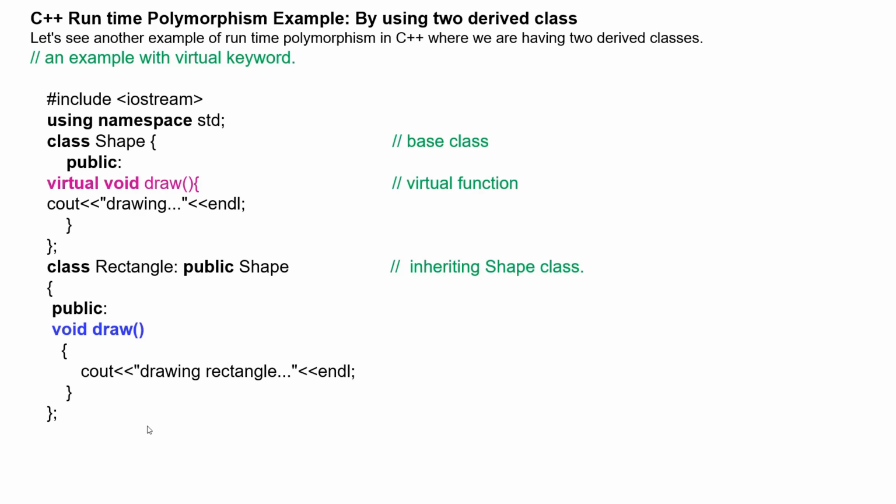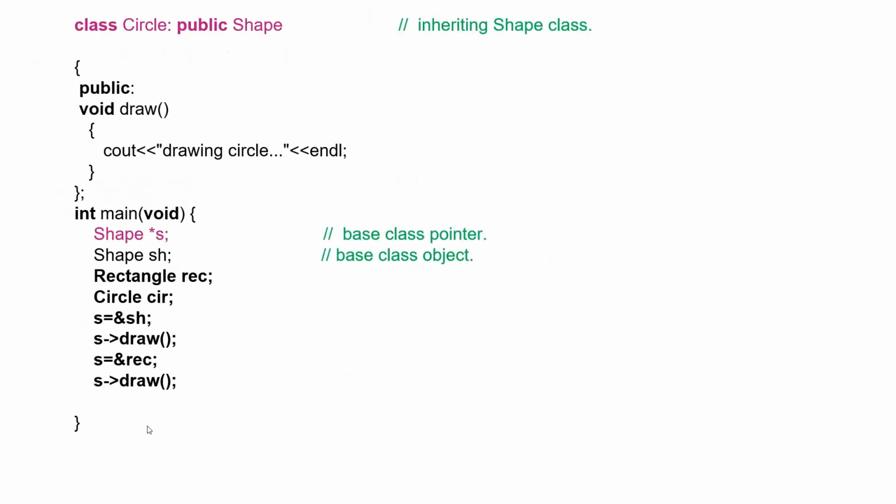Now class Rectangle inherits the class Shape publicly, having the draw method in the public section which shows drawing rectangle. Class Rectangle complete. Now class Circle inherits Shape publicly, class Circle : public Shape. In the public section it has the draw method, void draw, which shows drawing circle.